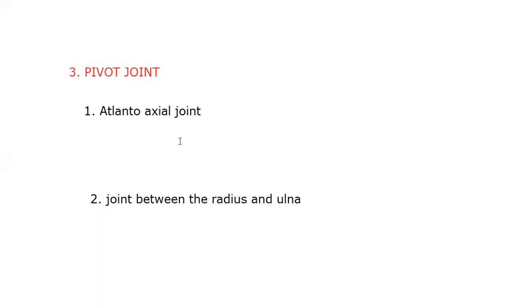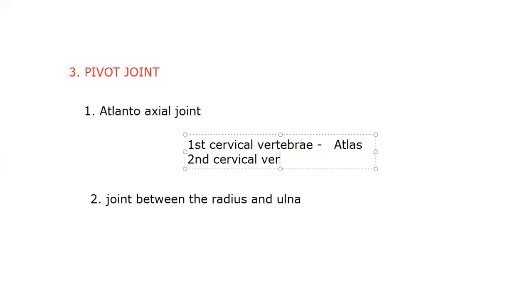What is the atlantoaxial joint? The first vertebra is called atlas, isn't it? And the second cervical vertebra is called axis. Let me write the total. The first cervical vertebra is atlas, as I said to you earlier, and the second cervical vertebra is called axis.